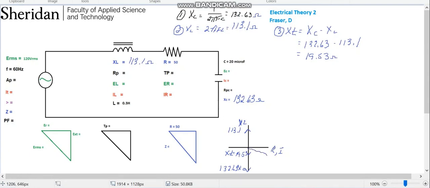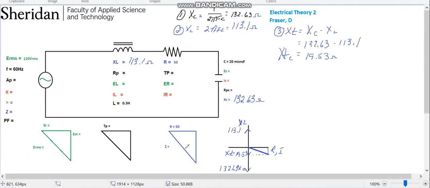That's sort of what I'm left with, and it's primarily capacitive. So my total reactance capacitive would be 19.53. And that's how I've drawn the triangles.